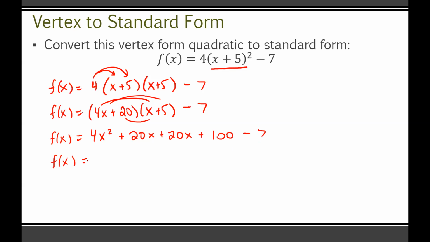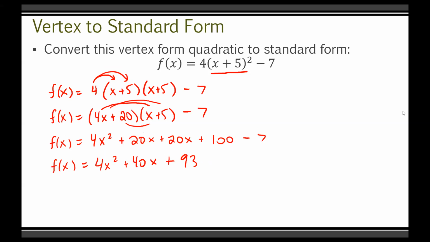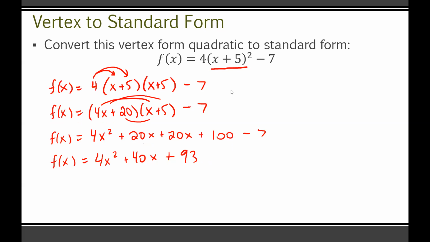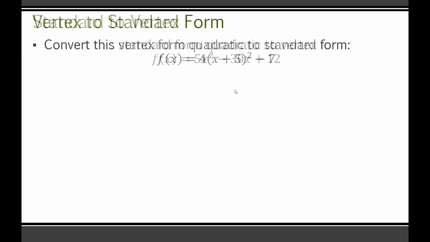So this leaves us with f of x equals 4x squared plus 40x plus 100 minus 7 is 93. So that's just now a vertex form quadratic converted into a standard form quadratic. Really, we've already done stuff like this before, but still good practice to see it again.